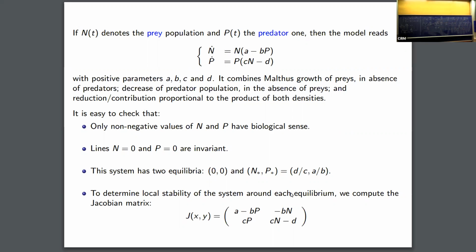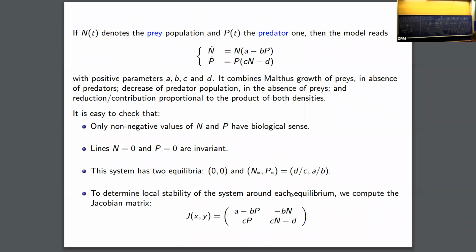So if I take V as this, it is a particular Lyapunov function, provided I prove that in my equilibrium point, this is positive, and outside is bigger.